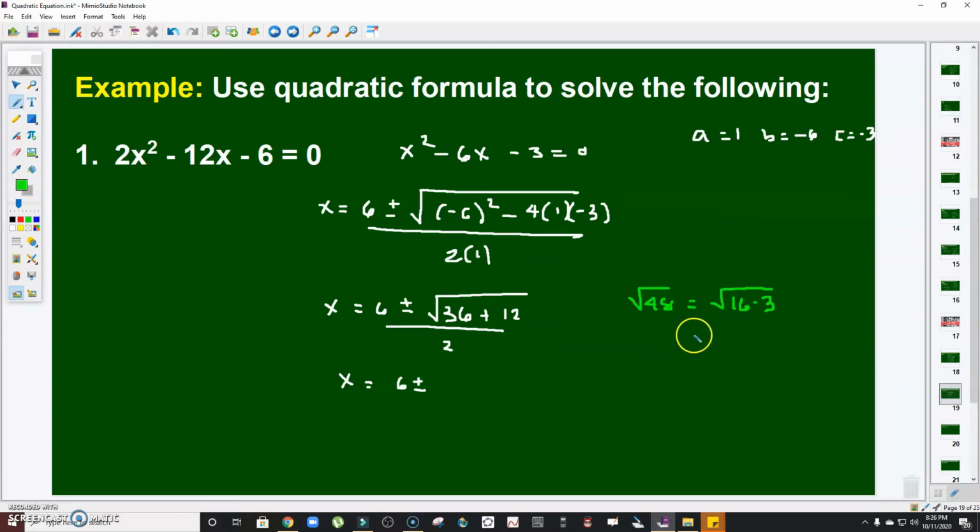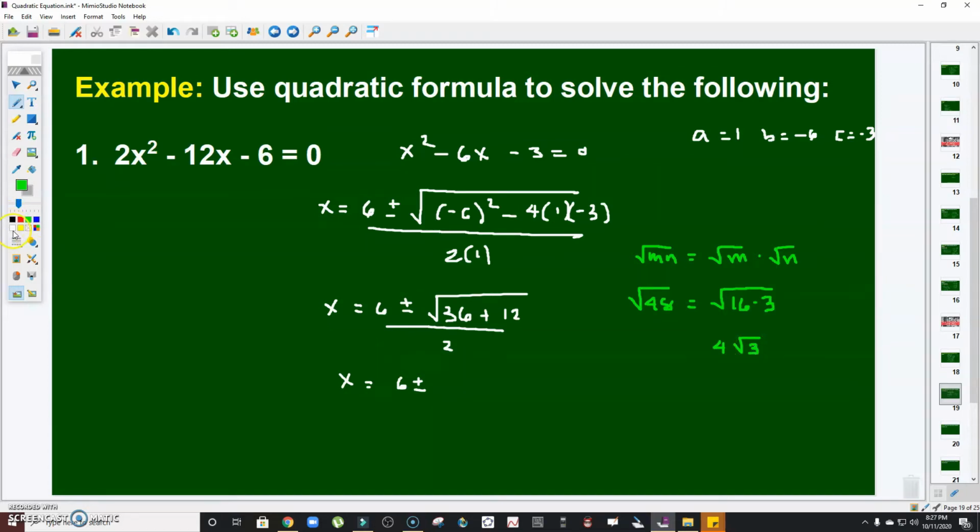And as I said in my previous video, the square root of mn is equivalent to square root of m times square root of n. So now, what is the square root of 16? That is 4. So what will be left inside the square root is 3.